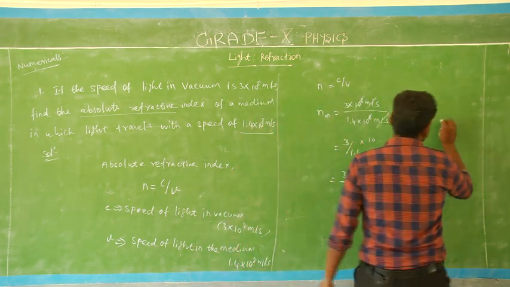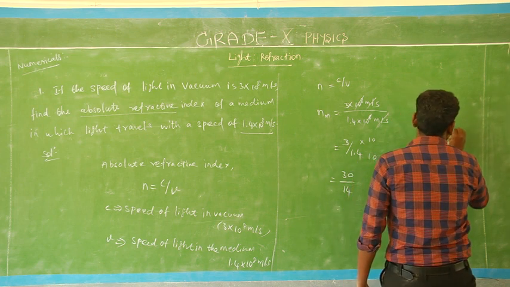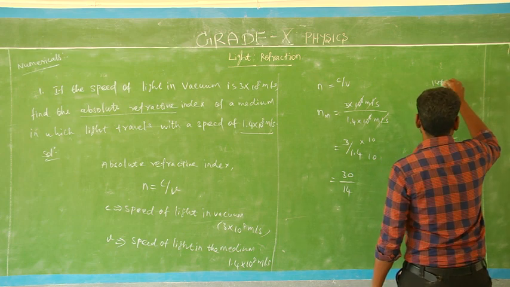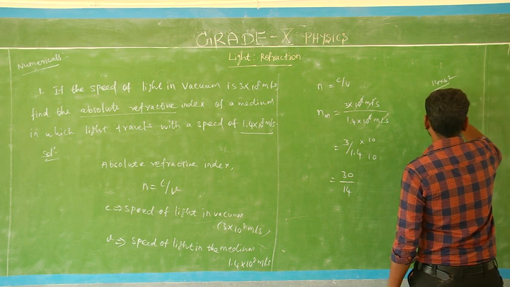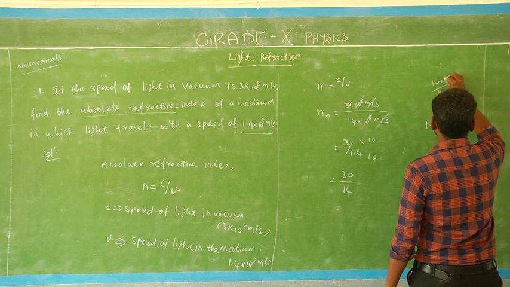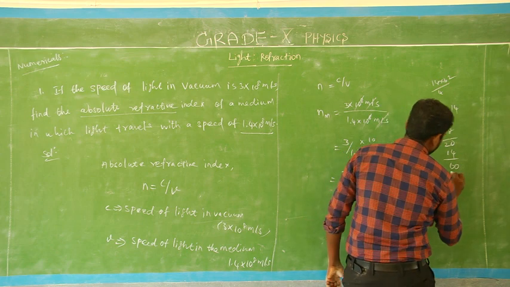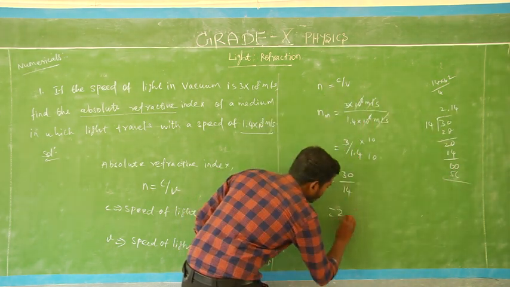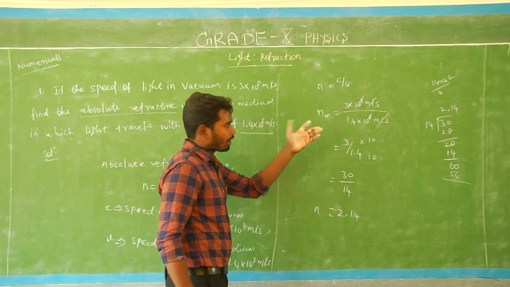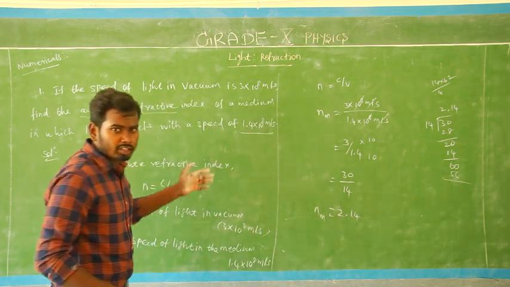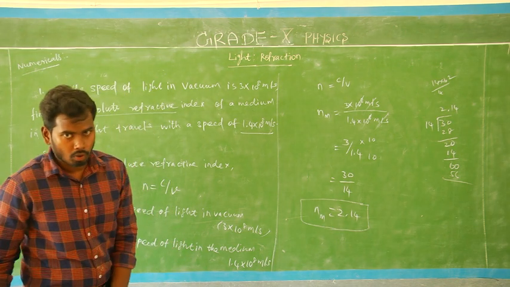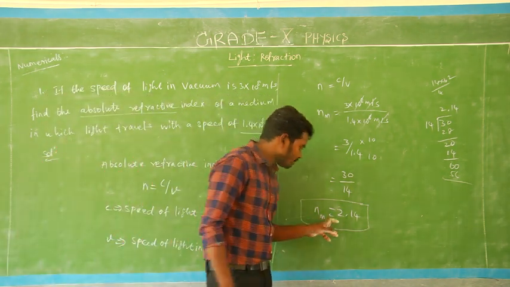Further dividing, 14 into 30 is 2, 28, remaining 2, and so on, so the value is 2.14. So the absolute refractive index of the medium is equal to 2.14.